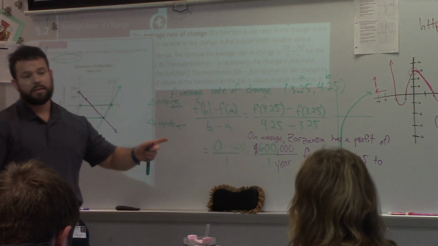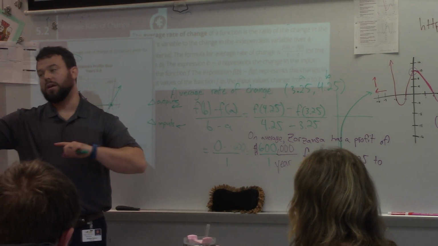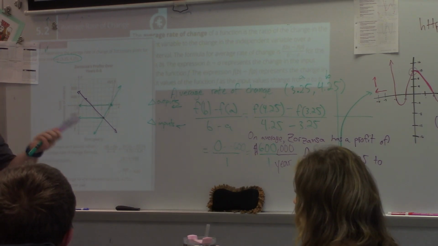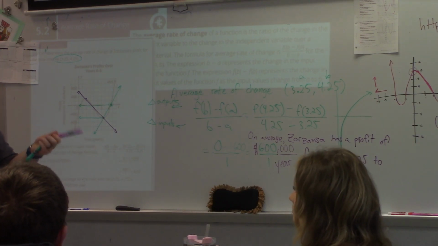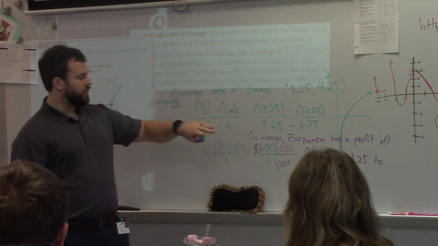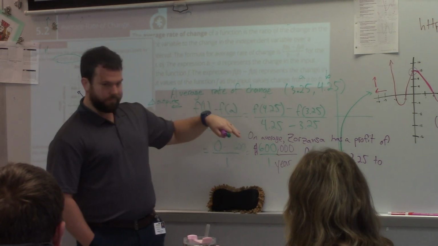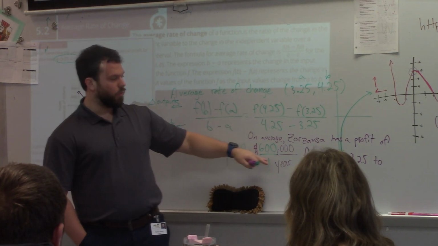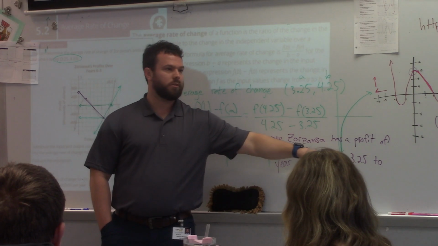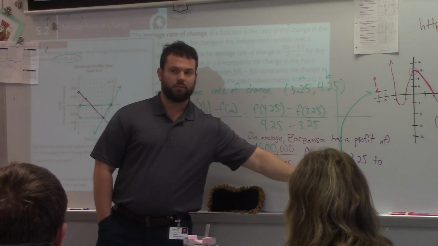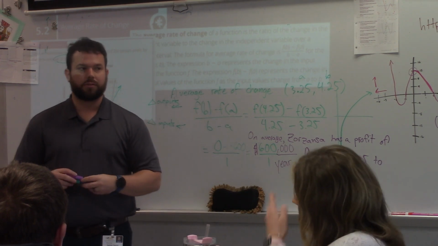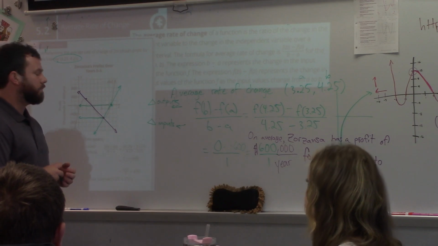Now, I'm bringing this up right now, not because of what I'll actually be testing you on in the assessment, so don't sweat that, but this is going to help you at the start of next unit. So please hold on to this. We need to recognize that there is context here. So on average, Zorzansa has a profit of $600,000 per year for years 3.25 to 4.25, it's only for that domain. If you change the domain, everything changes, which we're about to actually see.